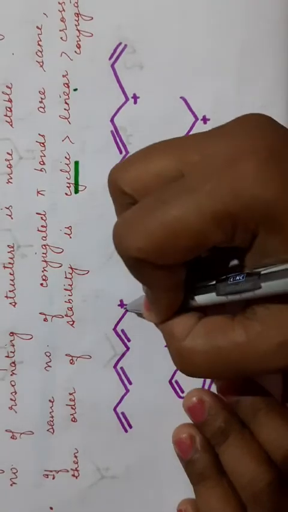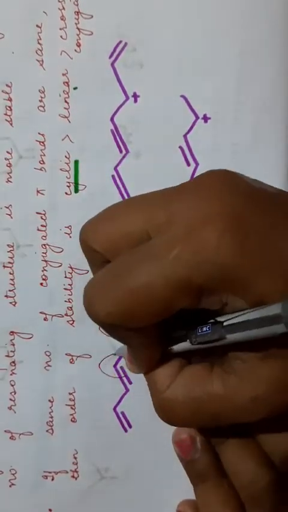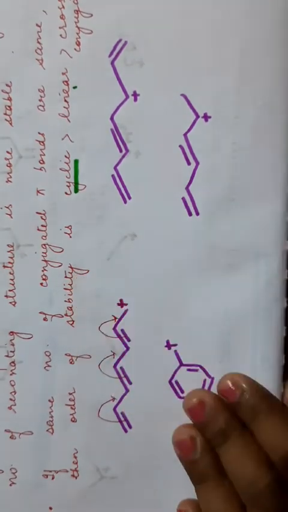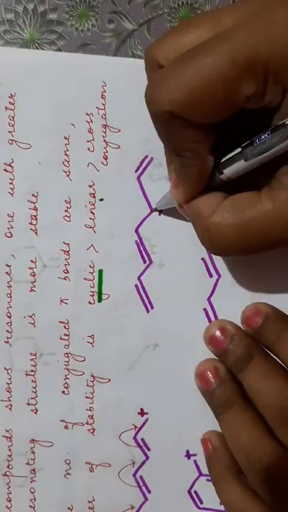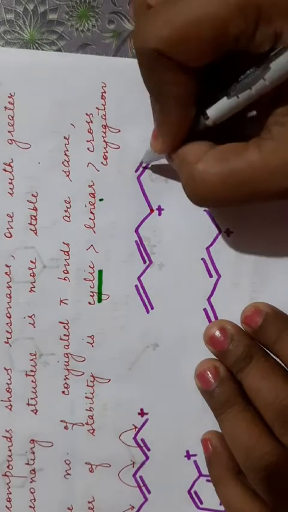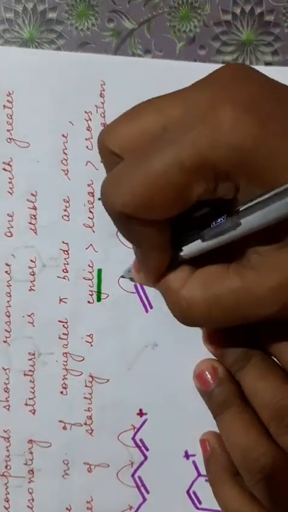See, here the positive charge is on this carbon, so pi electrons will shift here, these pi electrons will shift here, this pi electron will shift here. This type of resonance is known as linear resonance, meaning in one direction it is taking place. In this, the positive charge is present on this carbon, so electrons may shift from here or from here.